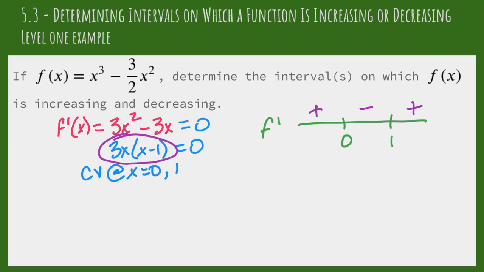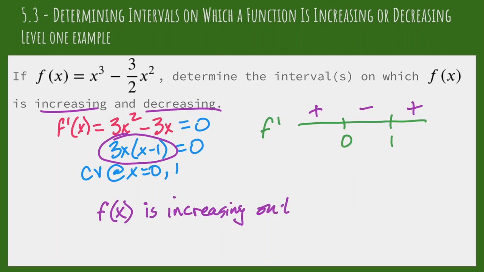So this sign chart is telling us that anywhere to the left of 0, the derivative's positive. But remember, if the derivative's positive, we want to know where the function's increasing or decreasing. That's going to tell us the function is increasing. So I'm going to start writing out my answer here. f of x is increasing on the interval, and I'm going to use interval notation here: negative infinity to 0.